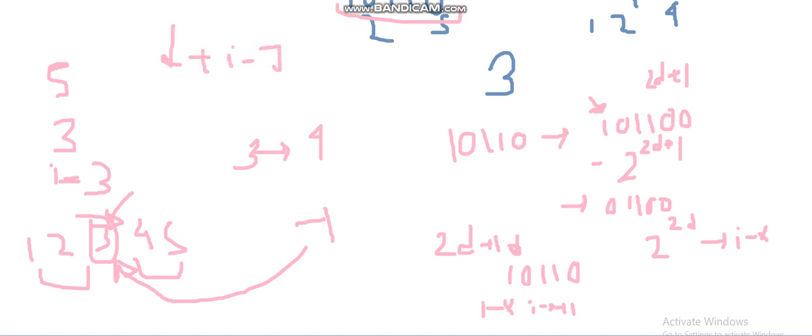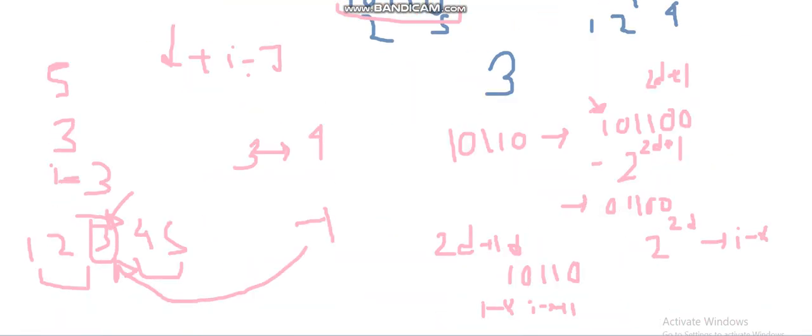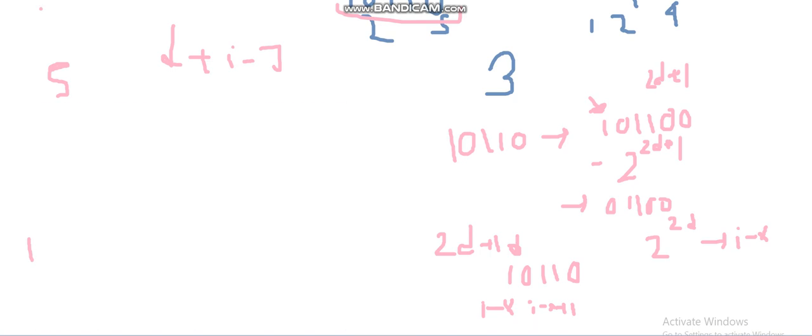Okay, let me take one example. Let me delete these things first. Let's say j equals i minus x, then what will be the value of this thing?